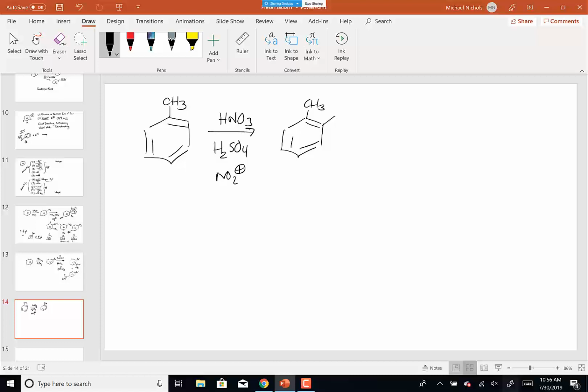Ortho and para to the methyl group. The methyl directs. And the methyl's an ortho para director, so it's going to direct the NO2 ortho and para to itself. Remember, the nitro group does not self-direct. The methyl group is directing.